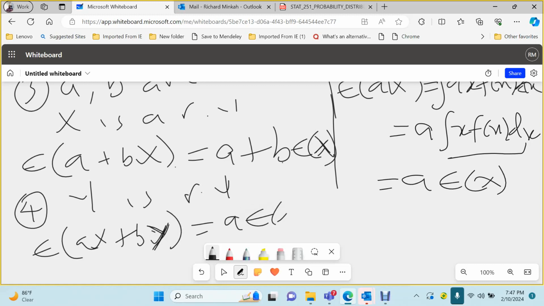So A times the expected value of X, plus B times the expected value of Y. Good. Is everybody okay? What it means is that we can give you a linear combination of the variables.